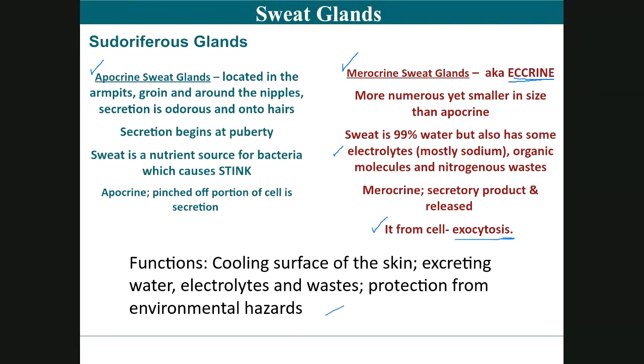The apocrine glands, this method of secretion, which we've discussed in the past, is part of the cell actually pinches off, not the entire cell, but part of it. We talked about in the past that also mammary glands are apocrine glands, but the apocrine sweat glands are located, for example, in the groin and armpits, around the nipples.